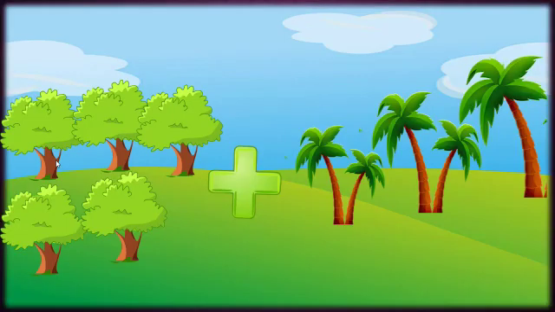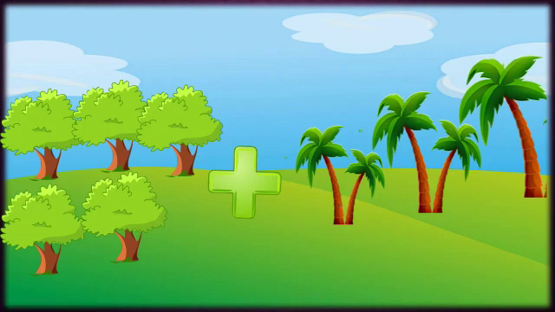In this picture you can see there are some trees. Count it with me. 1, 2, 3, 4, 5. And we will add some trees more. What do we have to make? We have to make 10.